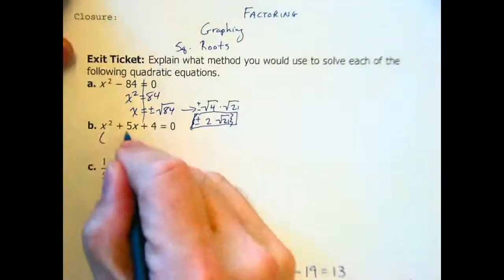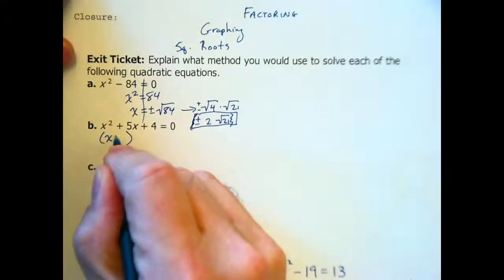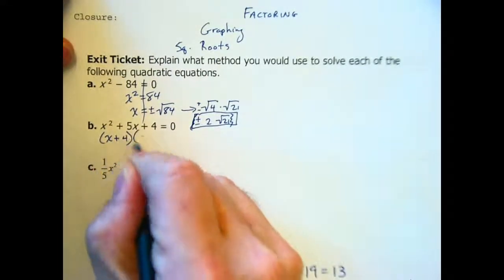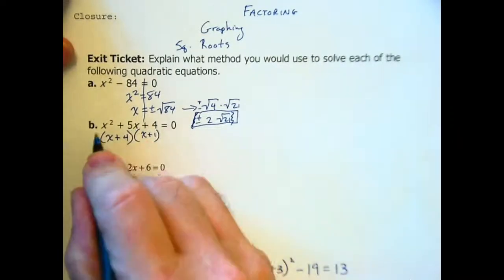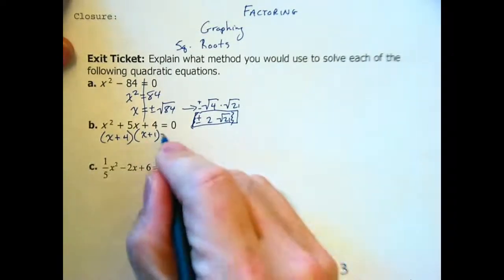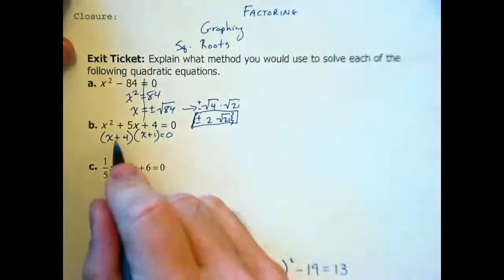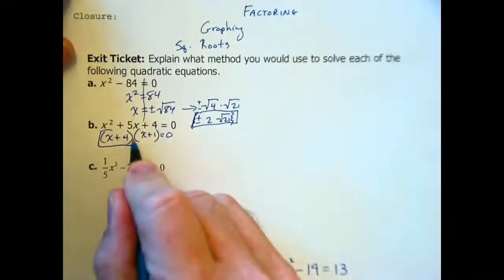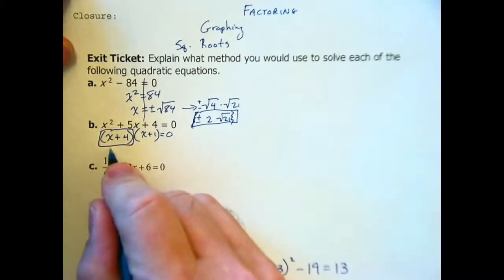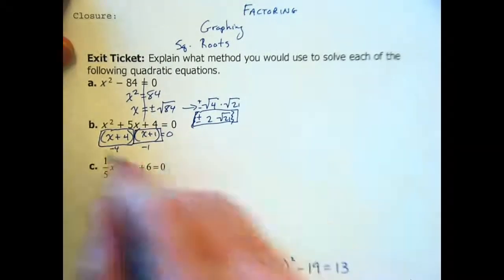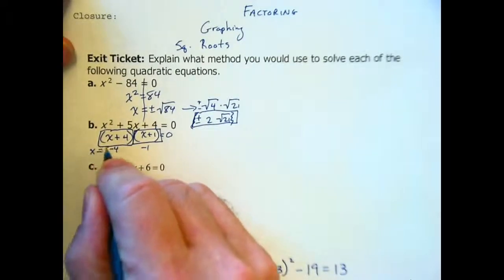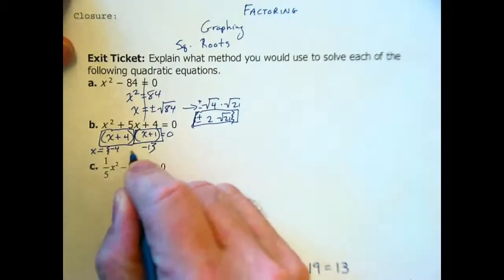It's just quicker. It factors to x plus 4 and x plus 1, two things that multiply to make 4 and add to 5. Notice there's an a term of 1, so we don't have to deal with a there. What makes this part 0? Negative 4. What makes this equal 0? Negative 1. So my solutions are x equals negative 4 and negative 1.